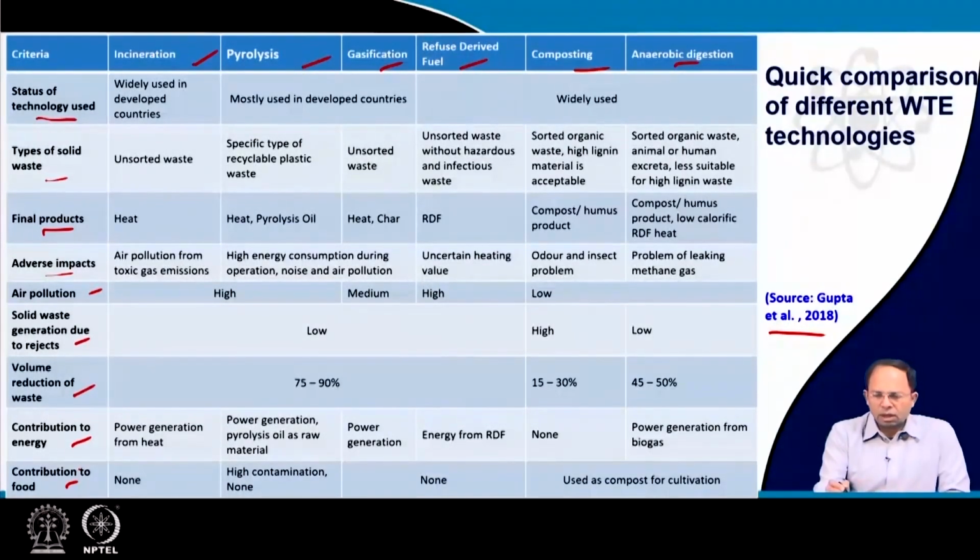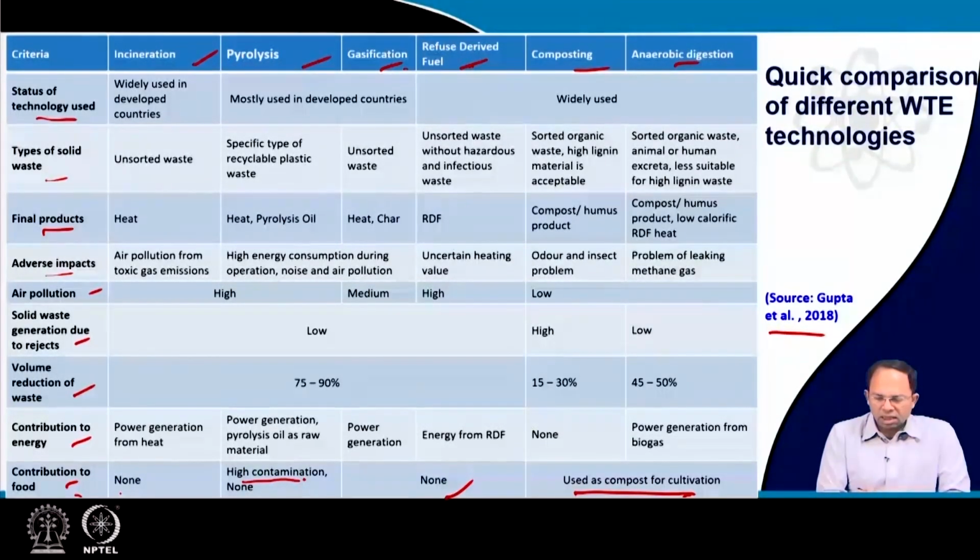Of course, anaerobic decomposition as well as composting contribute to food production because we are creating compost. Whereas gasification, refuse derived fuel, incineration, or pyrolysis make no contribution in that regard. In pyrolysis, there is also a chance of contamination.